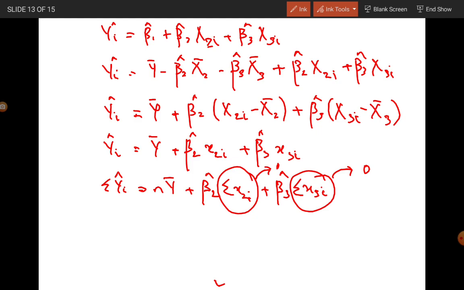So the summation of deviations from a mean value, the central mean value, will always be equal to 0, which means the last two terms on the right hand side of the equation become equal to 0. So I have got summation yi hat is equal to n times y bar.